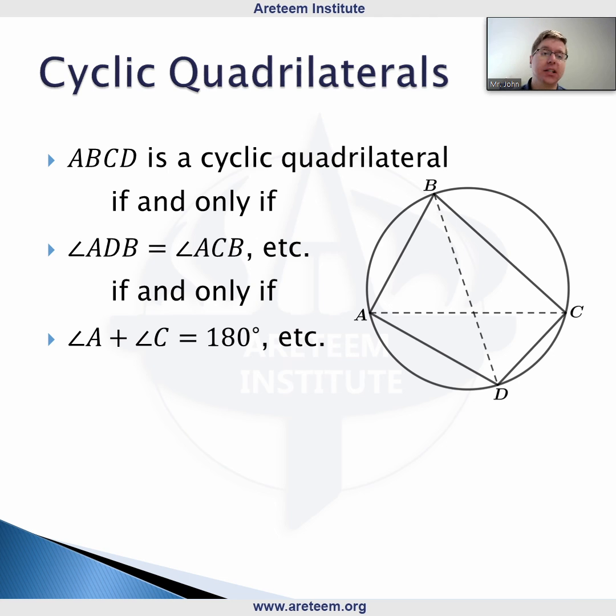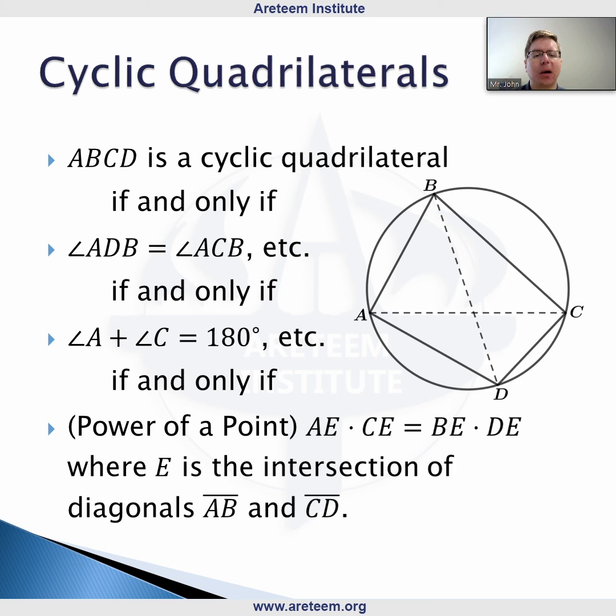Last thing I want to mention is you can go back and look at the video for this. It's a slightly different focus in an earlier Thursday tidbit, but we also have things like power of a point. In fact, this is an if and only if statement too. We did this for quadrilaterals in a circle, remember, in previous cases.